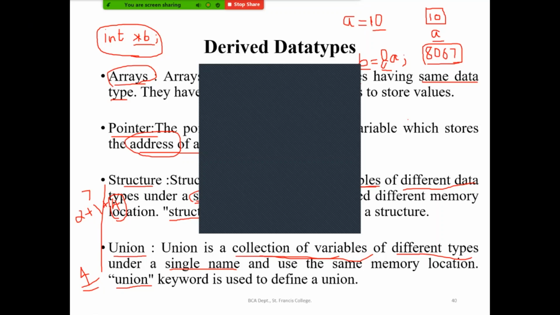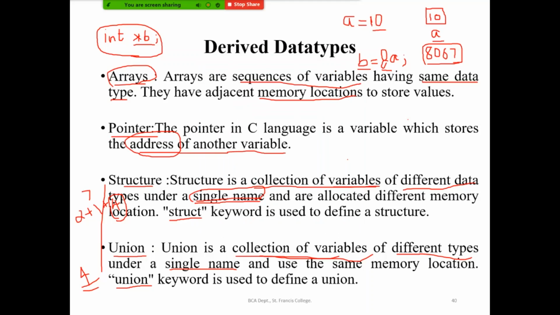So in order to assign the address of a variable to a pointer, first we have to declare it as a pointer. Sudarshan, is it clear? This is the declaration of the pointer variable b. So we are declaring b as a pointer, and in the next line, we will be assigning the address of another variable. To show that we are assigning the address of a, we have to give ampersand a.